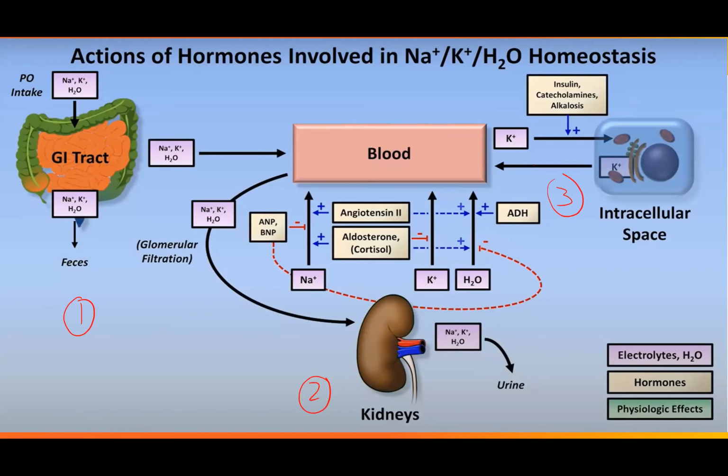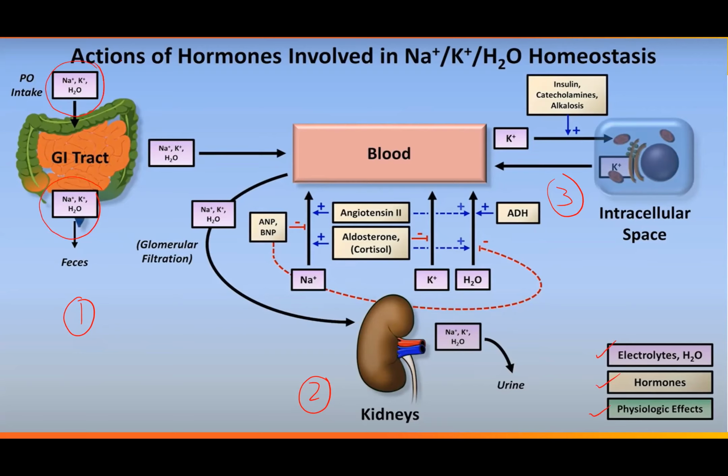This is an etiological diagram, a pathophysiological diagram pointing you to the etiology of this. It is color coded: all those in purple are electrolytes, all those cream colored are hormones, and all the green ones are the physiological effects. There is an intake here and an excretion here.